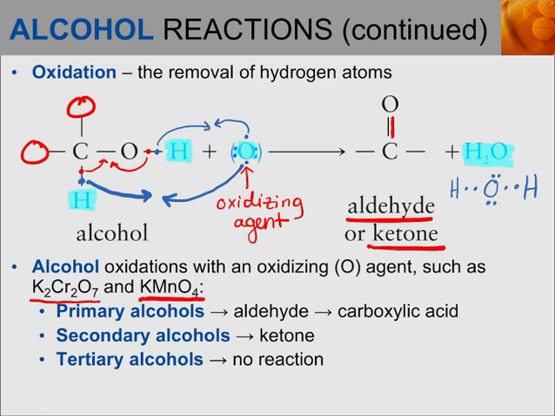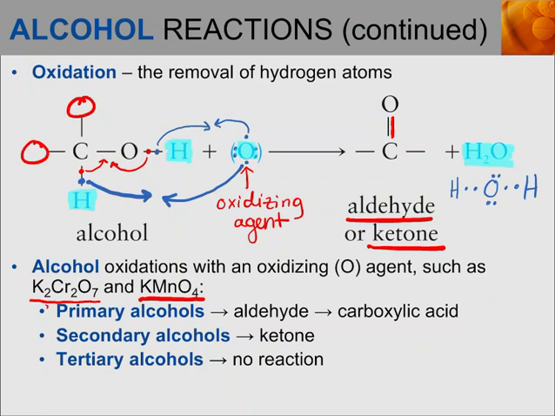Now remember in the last lecture I told you that it was really important to be able to tell whether an alcohol is primary, secondary, or tertiary. Well, that's because in oxidation reactions, they produce completely different products.